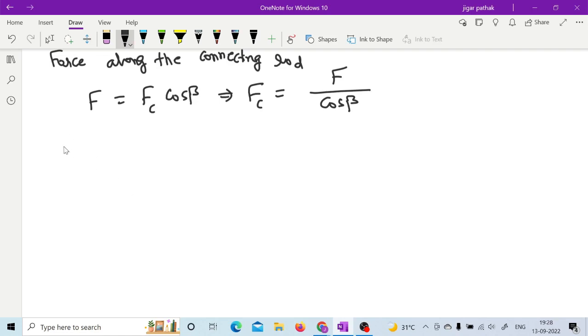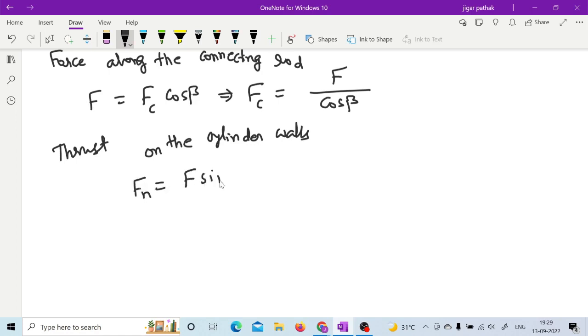Similarly, the thrust on the cylinder wall can also be calculated from the piston effort. If you see that figure, it will be clear that this Fn is Fc sine beta. I am showing you the figure.